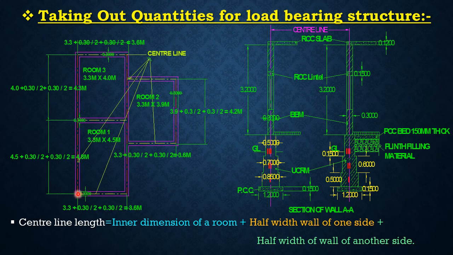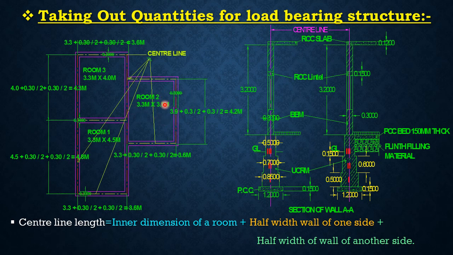Then the center line length from this to this is 3.6 meter. Then calculate the vertical center line length. The dimension is 4.5 meter plus half width of wall 0.30 divided by 2 plus half width of wall 0.30 divided by 2, this side and this side. Then the center line length is 4.8 meter.